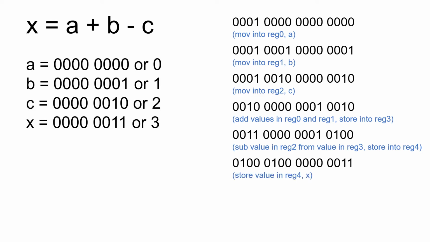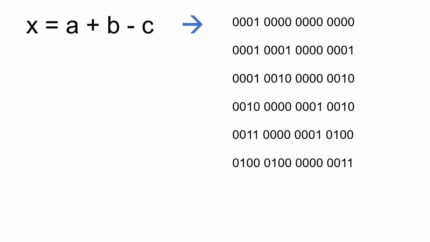And then finally, store whatever is in register 4 back into address 00000011, or remember that maps to X. In other words, in order for us to be able to execute the command X is equal to A plus B minus C, the program in binary to do this is these 6 commands.